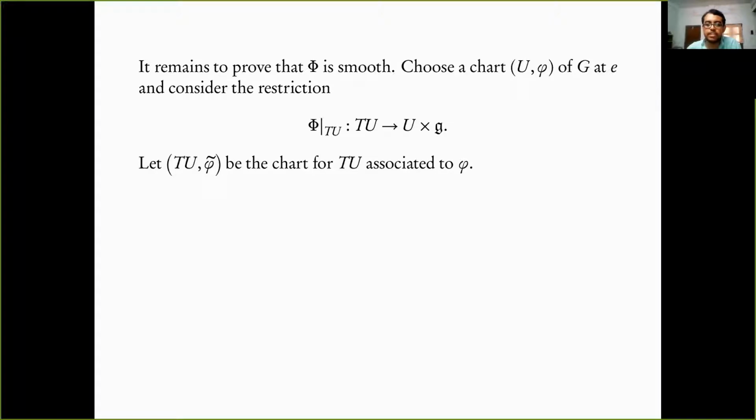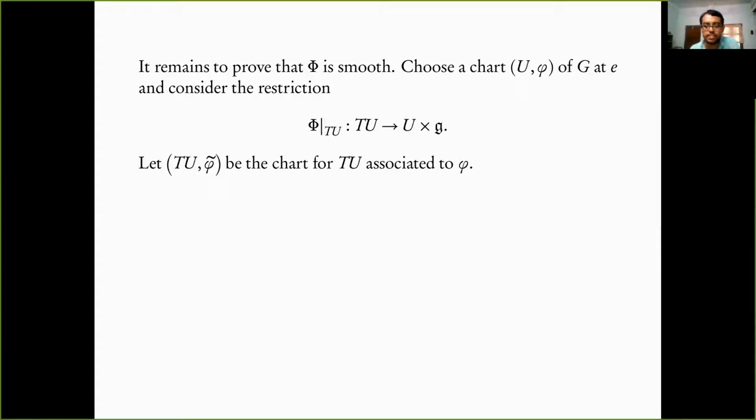And so any point in TU can be expressed as phi of the coordinates x1, ..., xn, and linear combinations of d/dx_i. So TU is in effect U cross R^n, which is in effect R^n cross R^n, because you can identify U with R^n. Okay? So that is the map phi tilde.